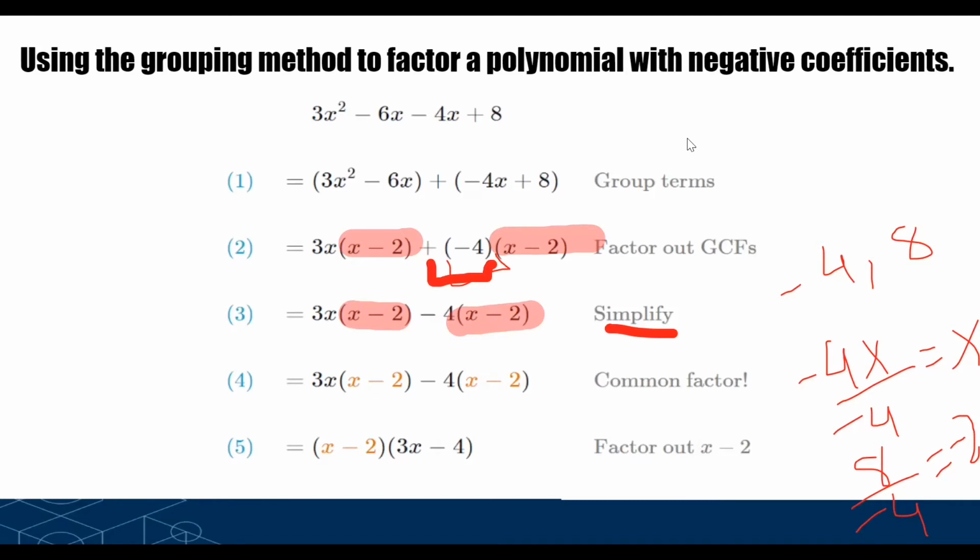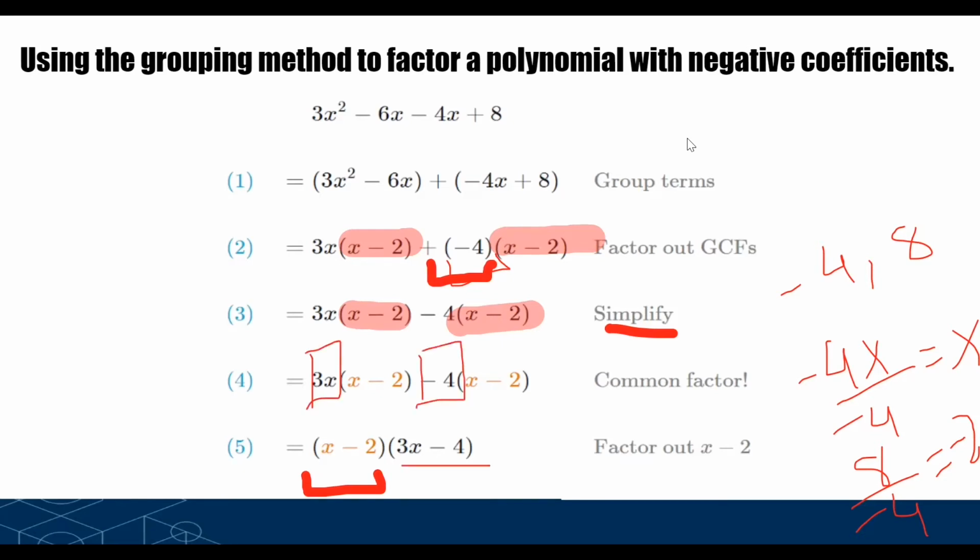You could have skipped this step, but I just want to show you that that is how it got simplified. Once you do that, you are supposed to factor out the common factor. So that became 1, and then you are supposed to combine the GCFs.